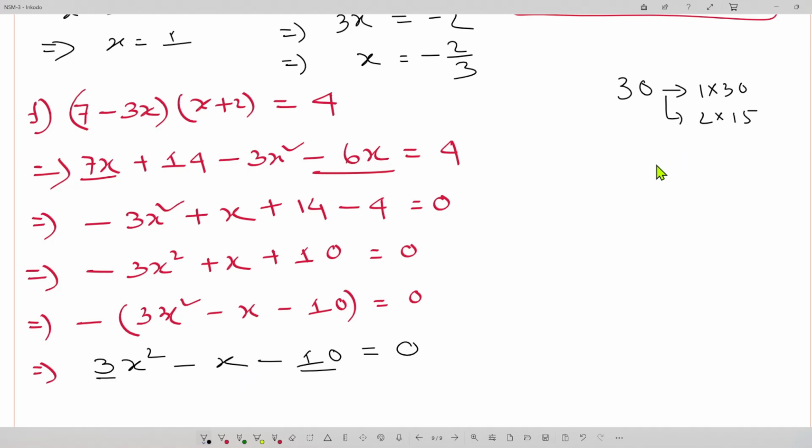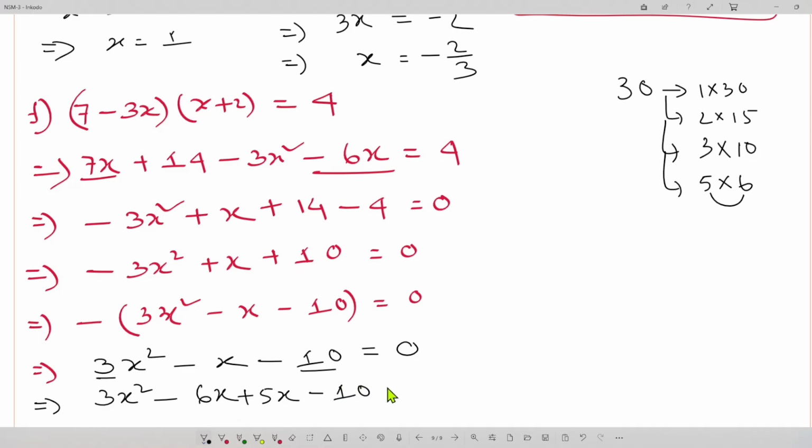Right? And then what can we do? 3 times 10 is 30, and it's also not possible. Next, 5 times 6, look, 5 times 6 is 30 and 6 minus 5 is 1. So we can write like this, here 3x square minus 6x plus 5x minus 10 equals to 0.